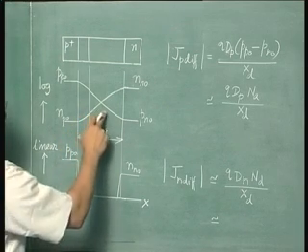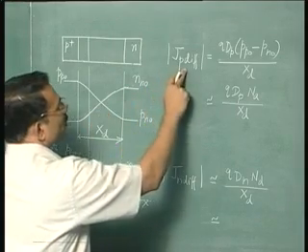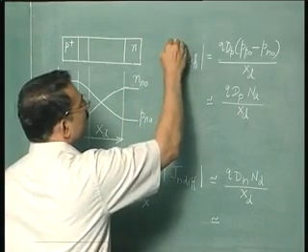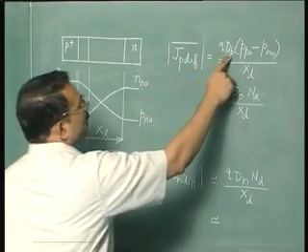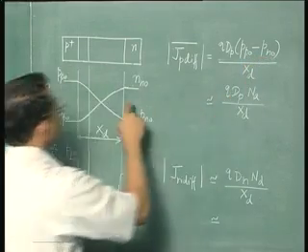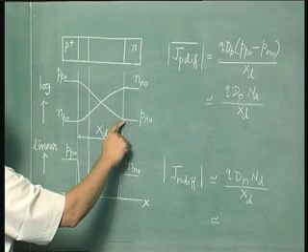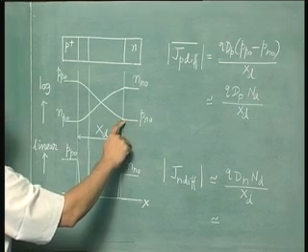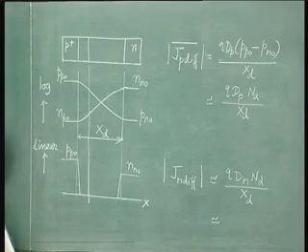From here one can write the average diffusion current as, for example, for holes Jp diffusion, we will put a bar here to show that these are average values. Q dp into pp0 minus pn0 by xd. So pp0 is the hole concentration on this side, pn0 is the hole concentration on the other side, and the gradient therefore can be written as pp0 minus pn0 divided by xd.